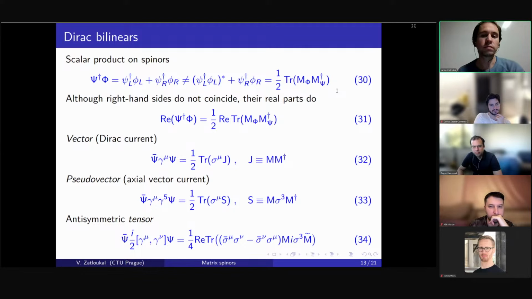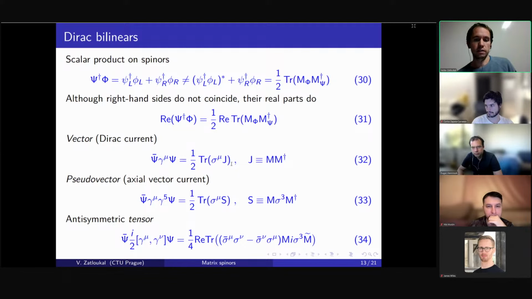They are slightly different. It's a complex conjugation, but if we take the real parts of those, then they are the same. So we can use this observation to represent the vector bilinear or the Dirac current.